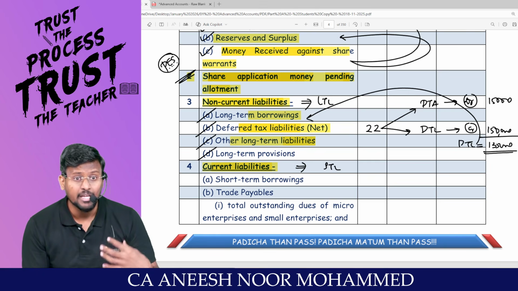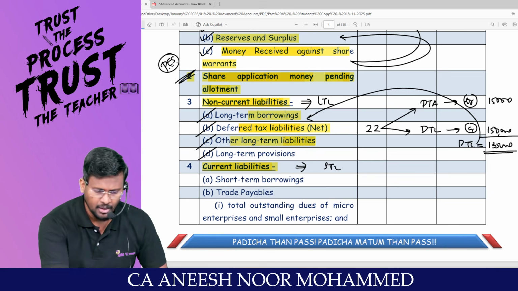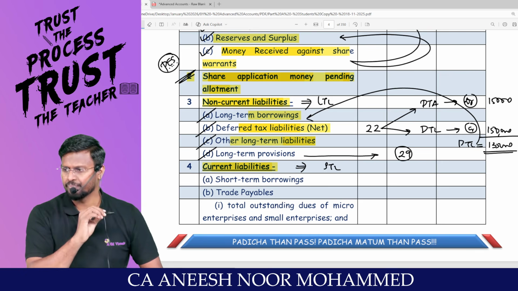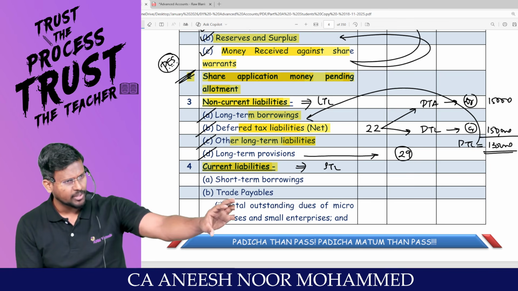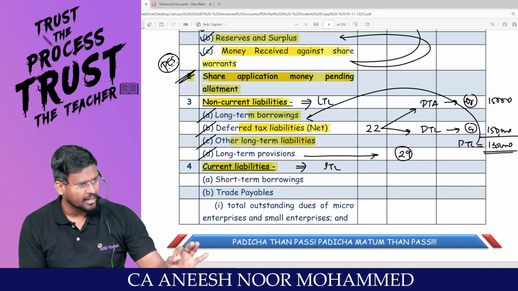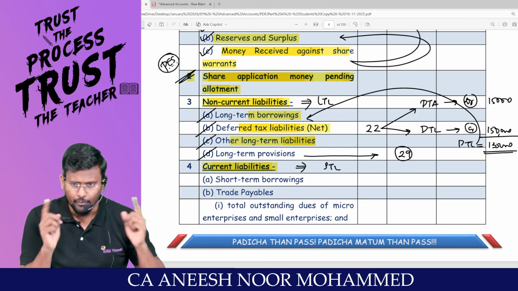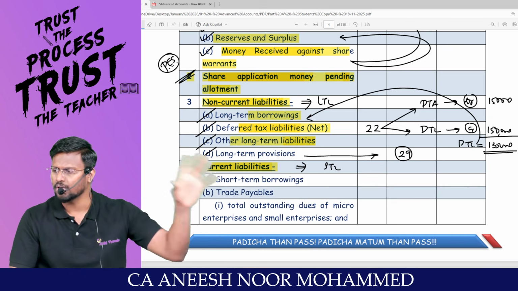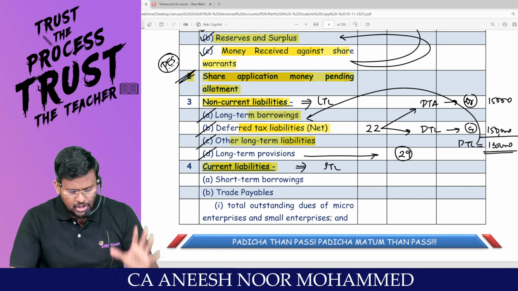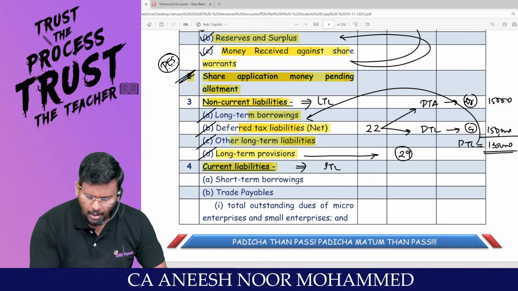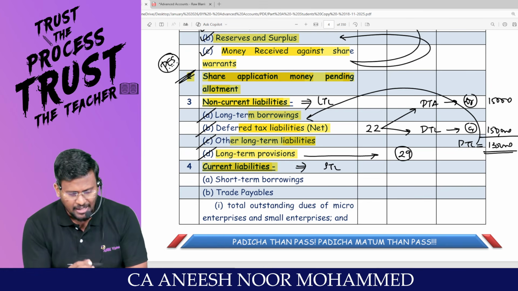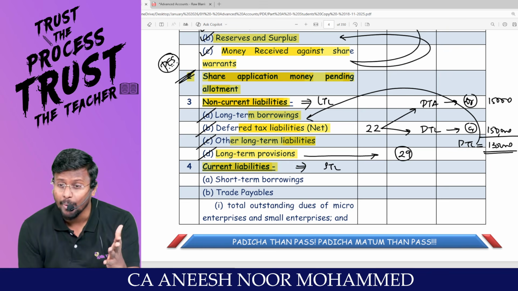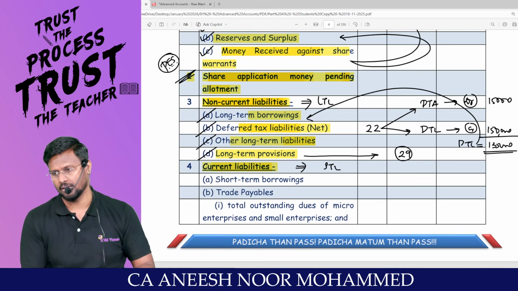I will be creating a provision as per AS 29. There is one particular accounting standard, AS 29, which asks us to create provisions. That provision may be a short-term provision or a long-term provision. If the provision you created is a long-term provision, then my dear lovable students, it should be presented under non-current liabilities.